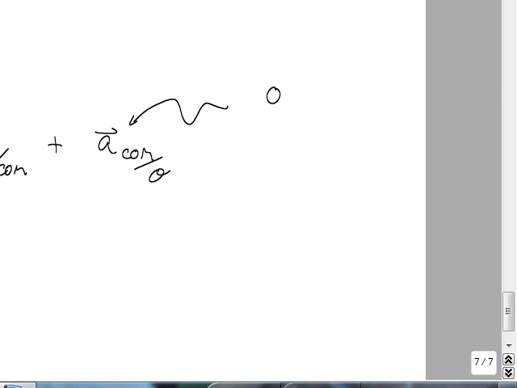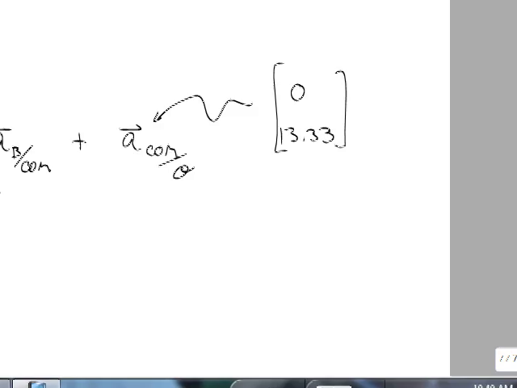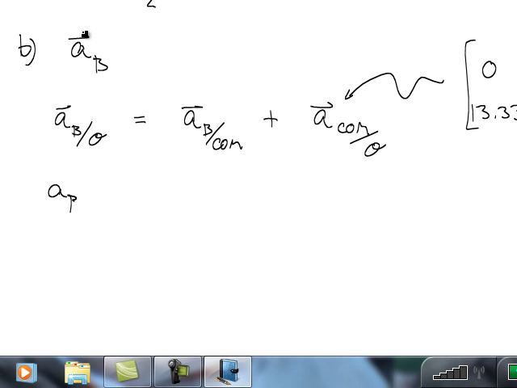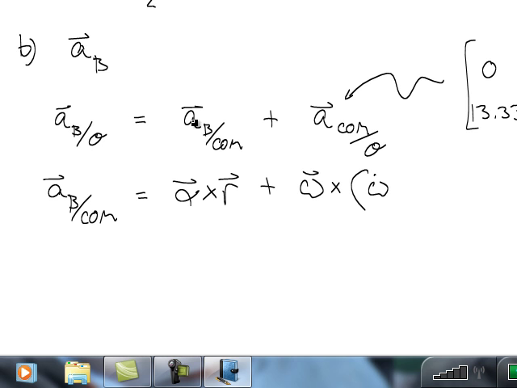The acceleration of B relative to the center of mass is alpha cross R plus omega cross omega cross R. So that's 0, 0, negative 73.39 crossed with, what's R in this case?